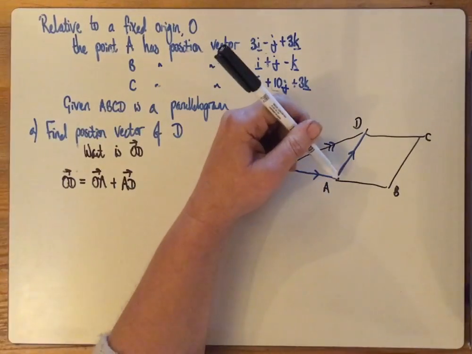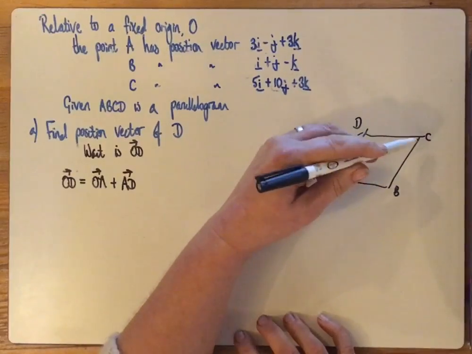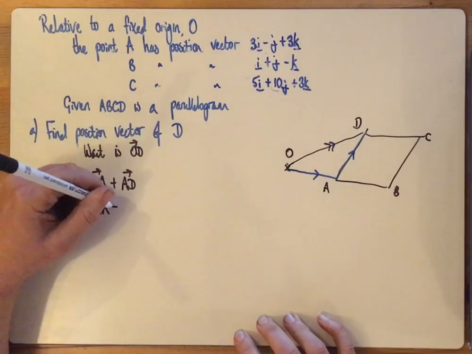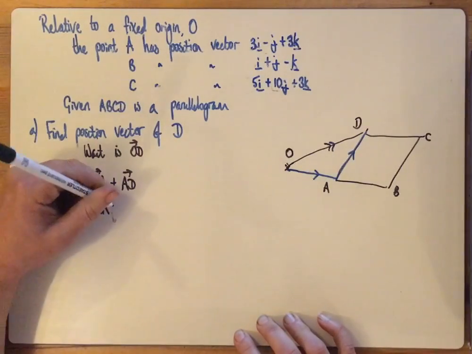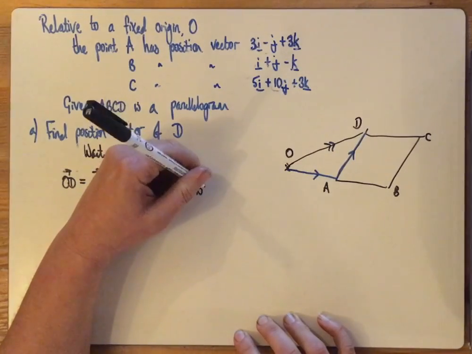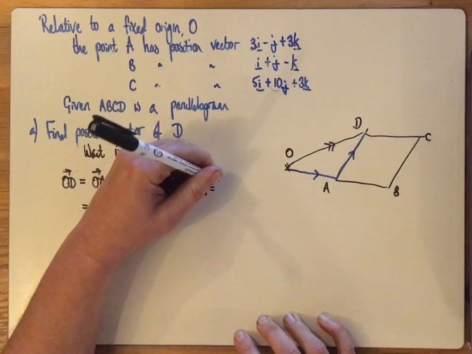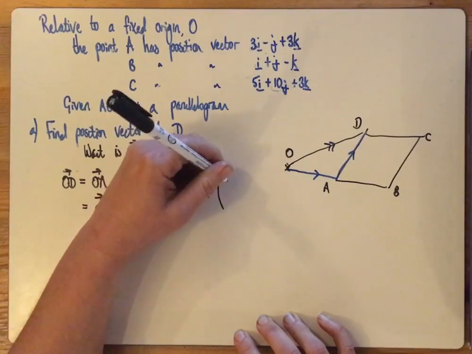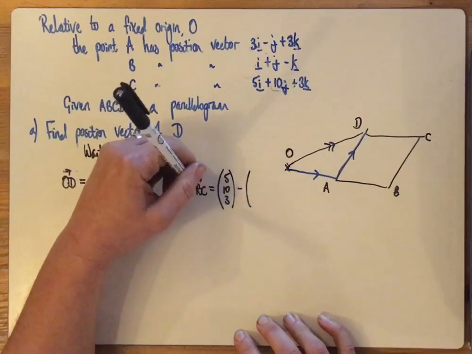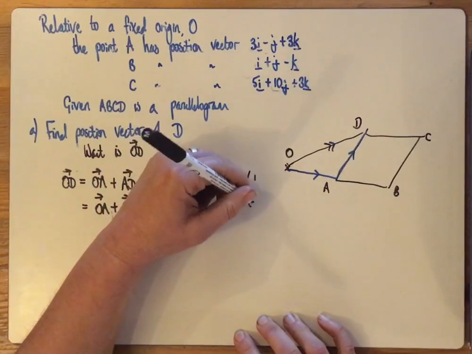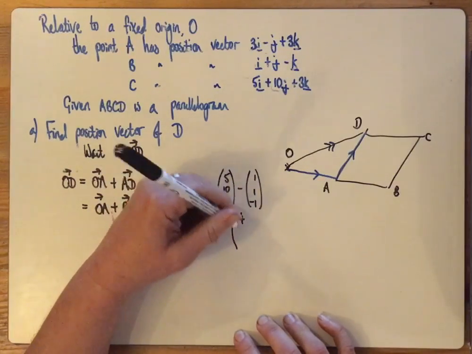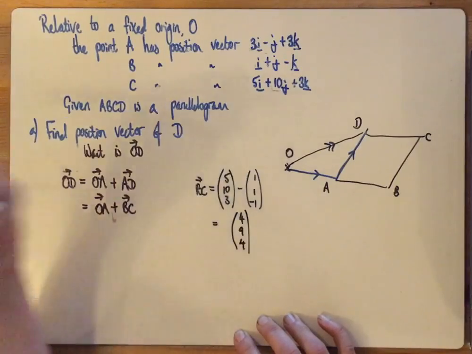Because it's a parallelogram, AD is the same as BC. Plus BC. And the vector BC is equal to the position vector of C minus the position vector of B, which is (4, 9, 4).